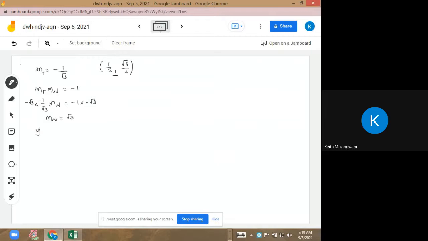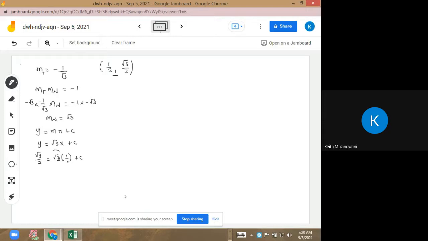So y is equal to mx plus c. So we'll have y is equal to √3x plus c. We now need to find c. So we bring in, when y is √3/2, x is half.